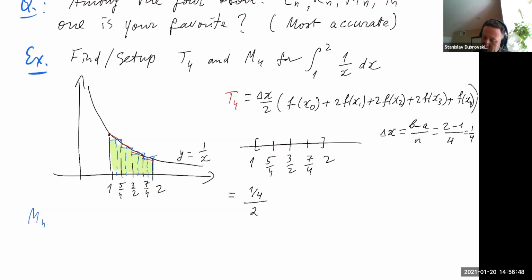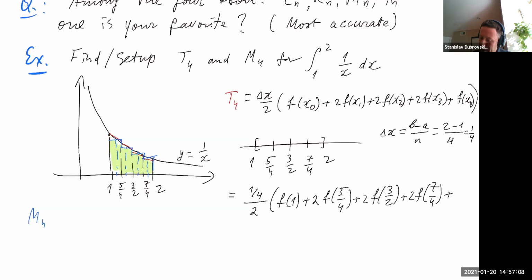So what do we have inside? f of x naught, which is 1, plus twice f of the next point, 5/4, twice f of 3/2, plus twice f of 7/4, plus f of the last point, f of 2.